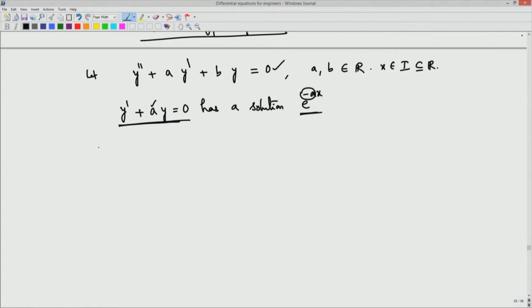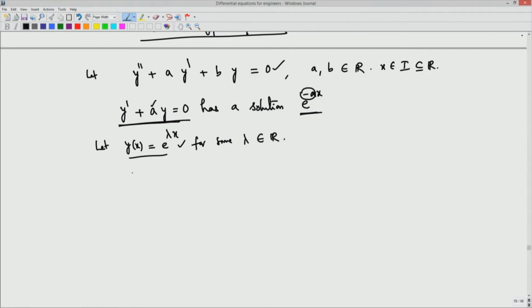So, by ansatz, let us try y of x equal to e power lambda x, for some lambda belonging to R, where this constant we do not know yet.